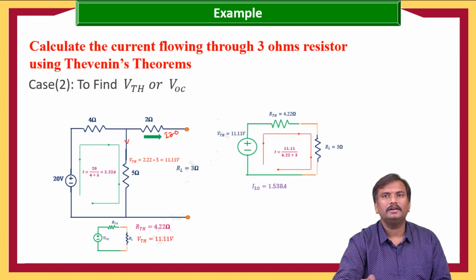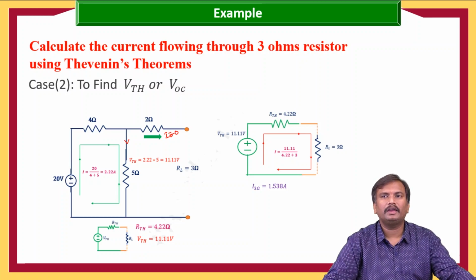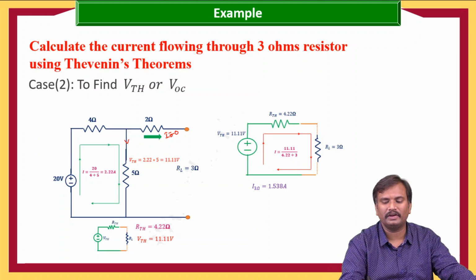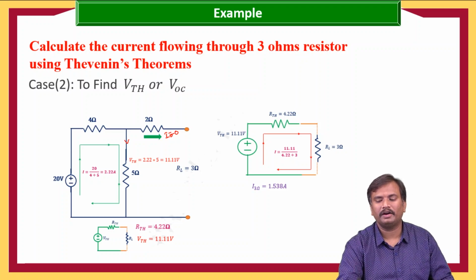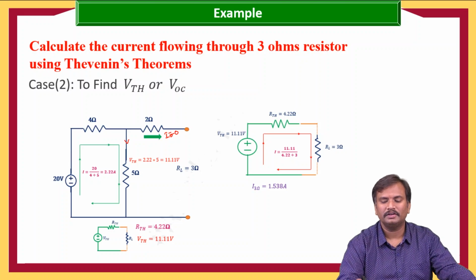Now we have got the VTH and RTH. Now we can replace the circuit with VTH in series with RTH. Here VTH value is 11.11 volts and RTH value is 4.22 ohms.